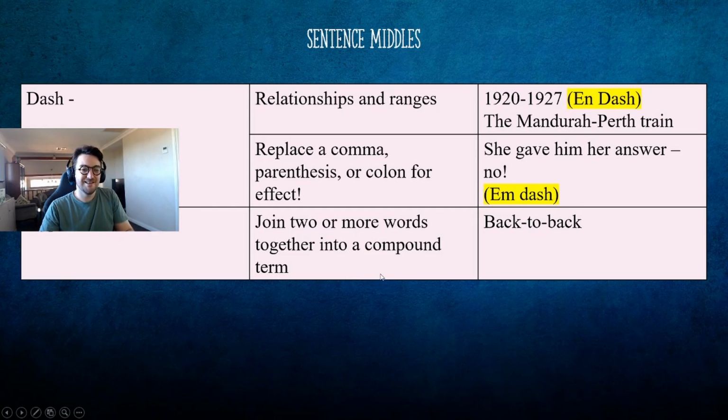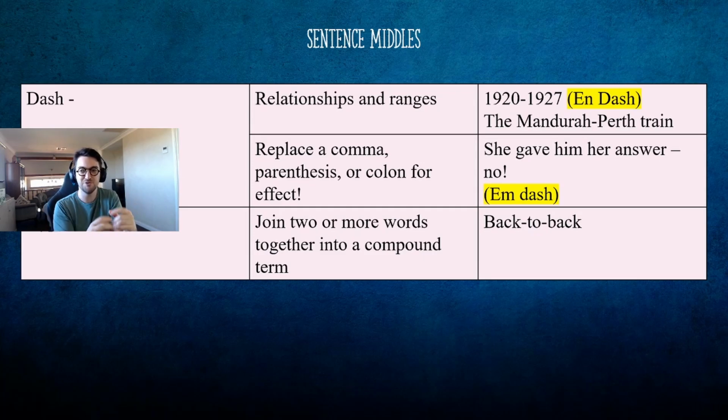Now, the other thing that we might mistake for a dash is actually called a hyphen. This is when you hyphenate two or more words together into a compound term. So back-to-back, for example, or front-to-back, or any of those terms that you need to use multiple words, but it is just one thing.